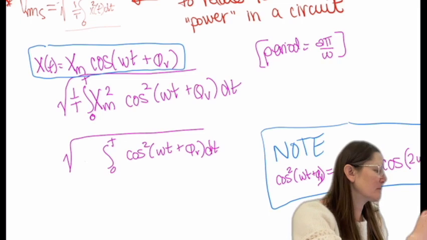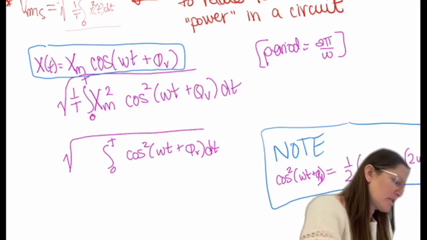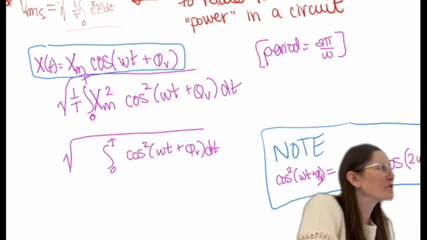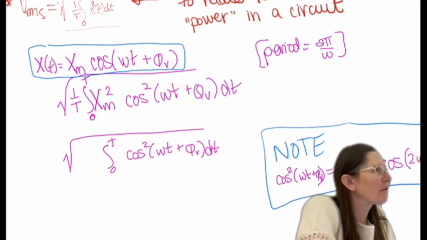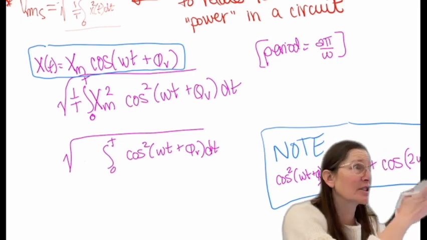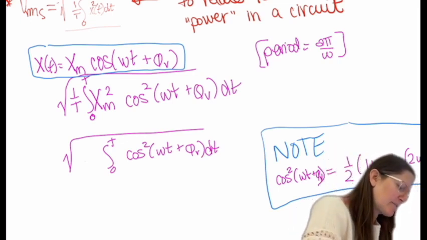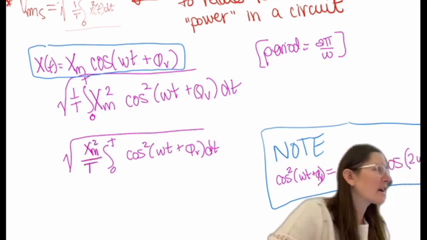Note that we're going to have XM, which is going to be the amplitude of the signal, and that's going to be a constant. So in the integration, we take that part out. So we get XM squared coming out to the front, and T, again, is also a value.